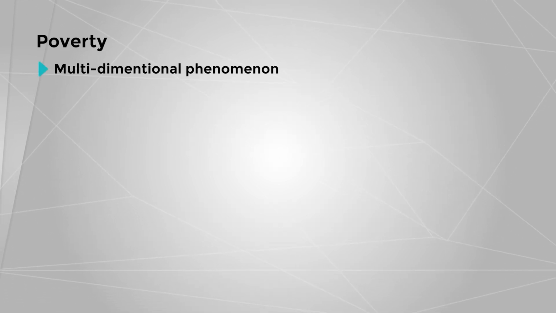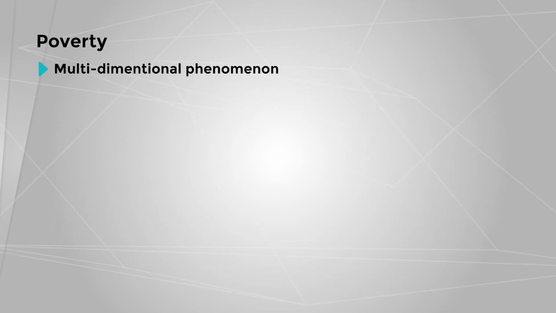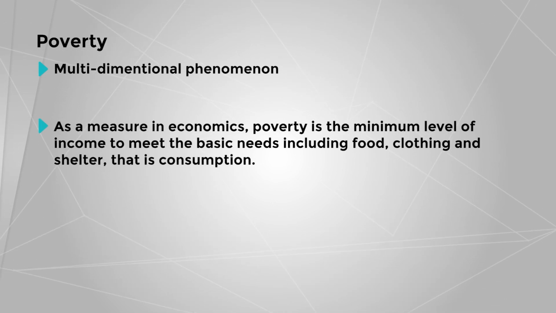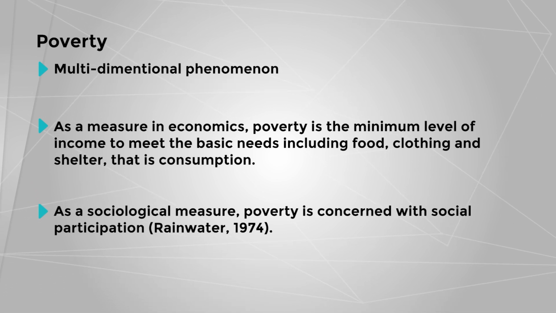Poverty is a multidimensional phenomenon that can be defined in economic and social terms. As a measure in economics, poverty is the minimum level of income to meet the basic needs, including food, clothing, and shelter, that is, consumption. However, as a sociological measure, poverty is concerned with social participation.